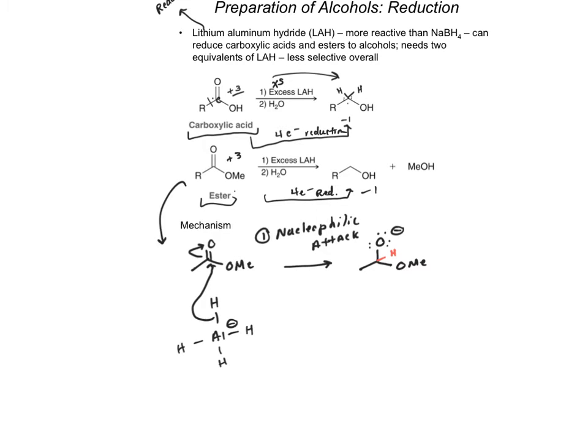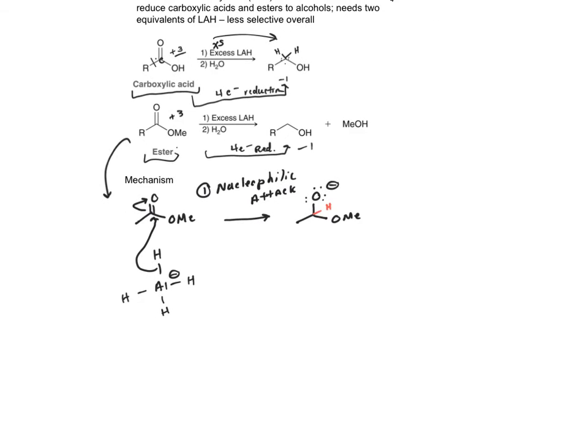Now, normally we'd say we're going to follow this with a proton transfer step, but that's not what happens in this overall reaction. Instead, our second step in this mechanism is loss of leaving group. The leaving group here is this methoxide, or this ether linkage.